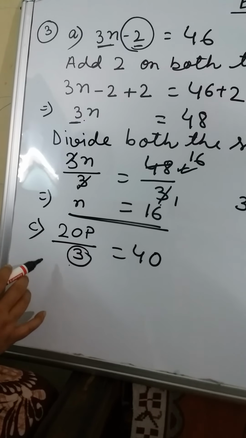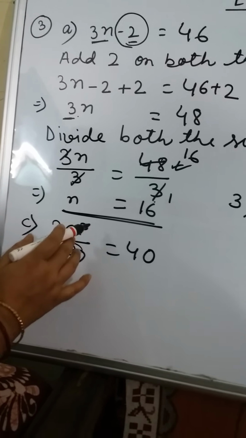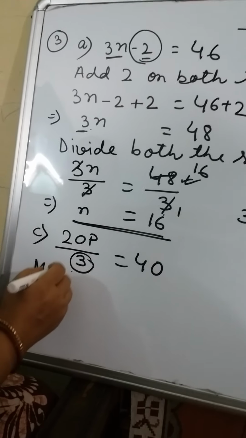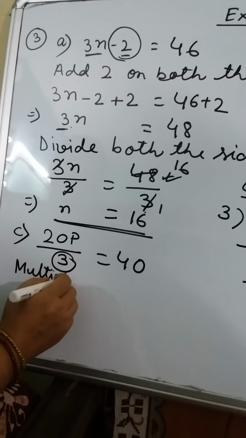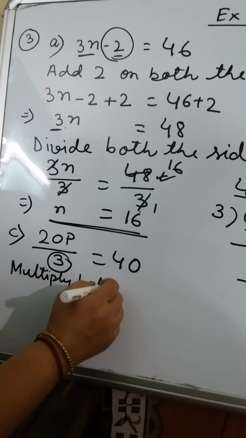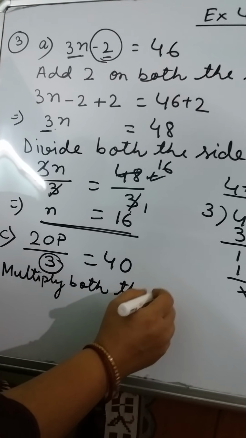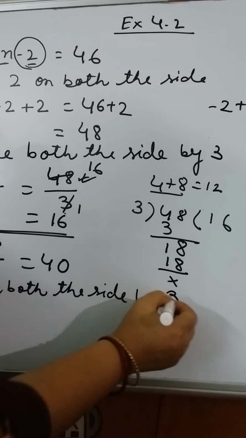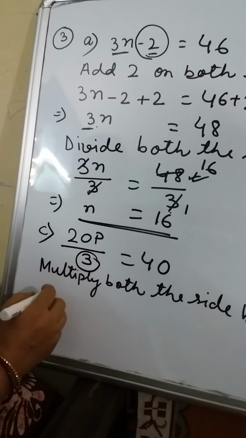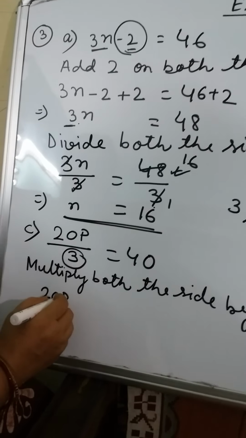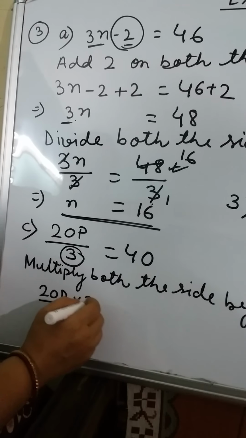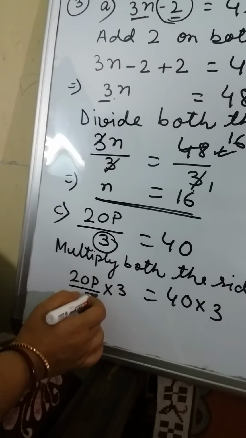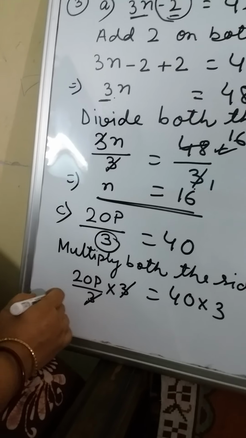I have to multiply both the sides by 3. So what will I get? 20p by 3 into 3 and 40 into 3. So 3 will get cancelled. So what will remain?